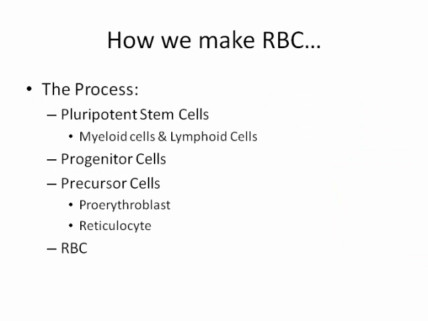Now, if you thought that was fun, let's spend a little bit of time talking about how exactly we produce these red blood cells. This is a multi-step process. And what I need you to desperately understand is that it's almost like one of those decoder games or mystery games.